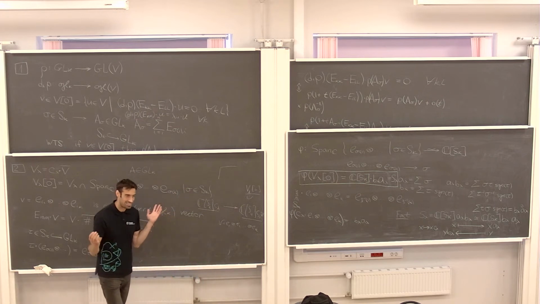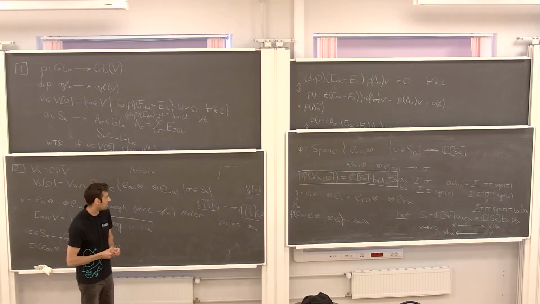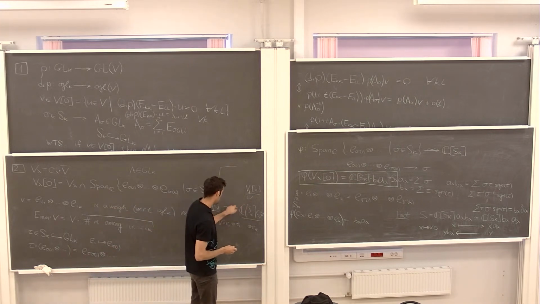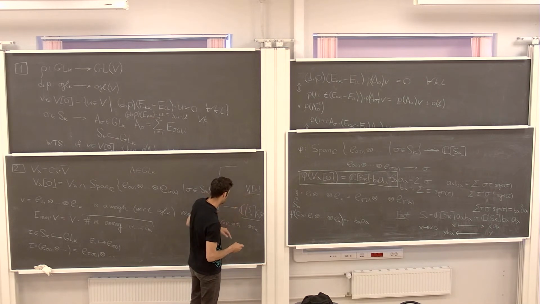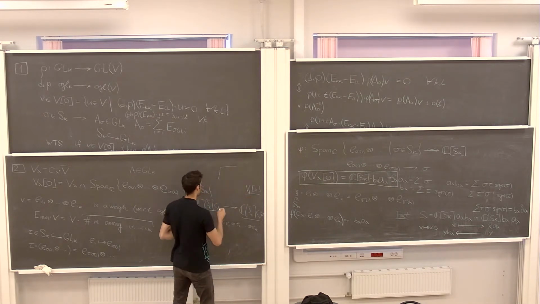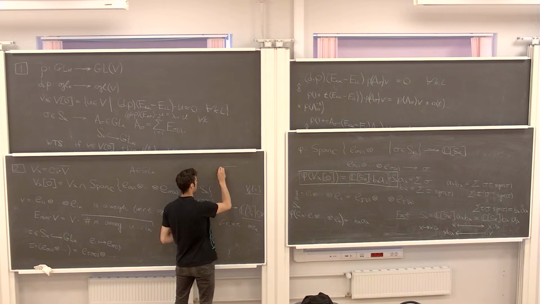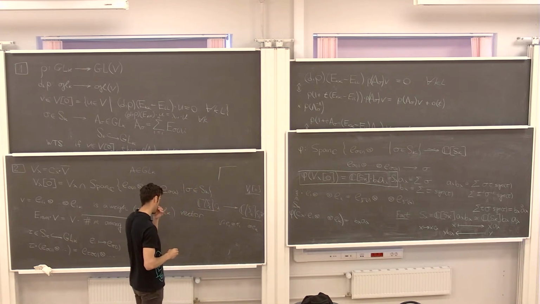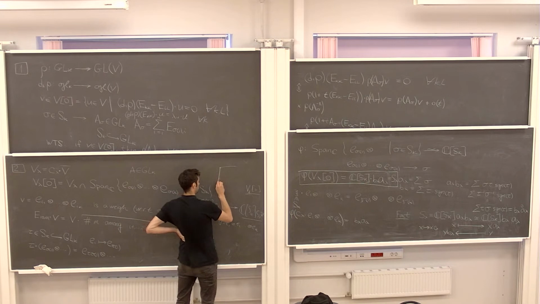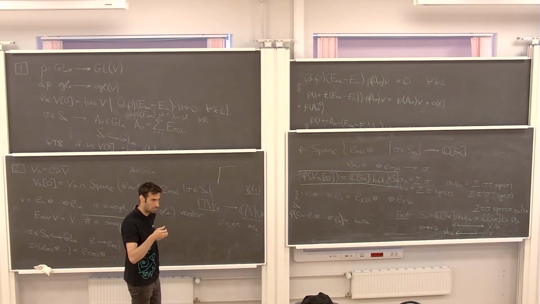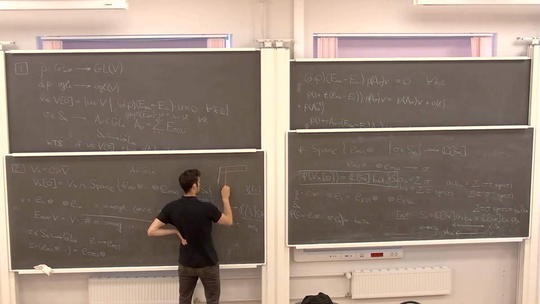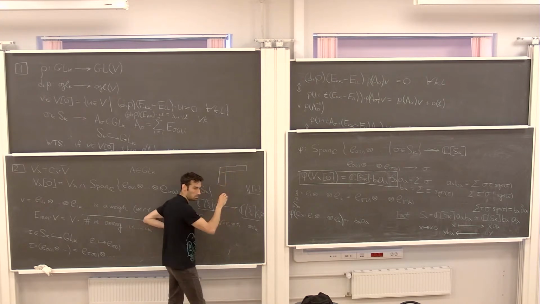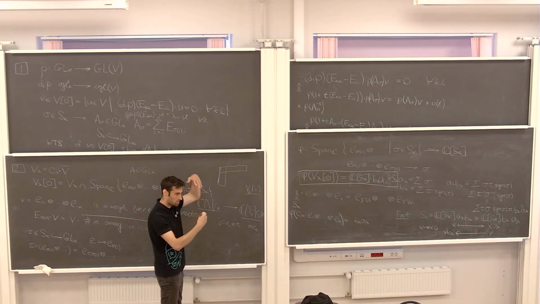Why is this weight 0? V lambda 0, why is it a standard Young tableau? Because it's weight 0 with respect to SLM, right? So you just compute. A standard Young tableau is filled with numbers without repetition, with k numbers and k boxes.